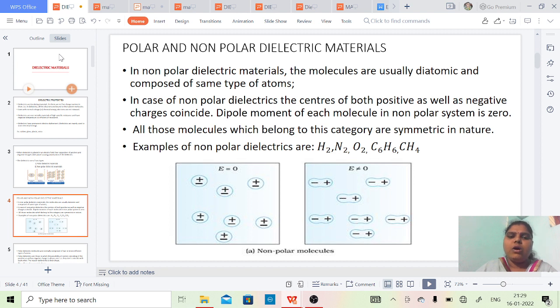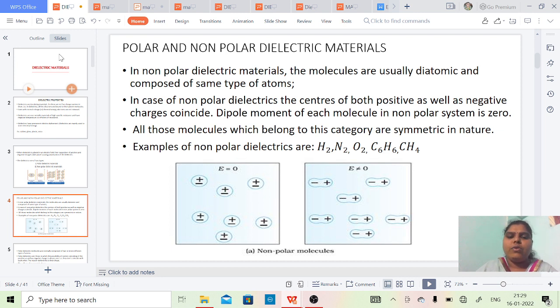In non-polar dielectric materials, the molecules are usually diatomic and composed of the same type of atoms.